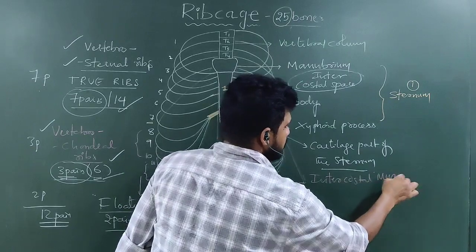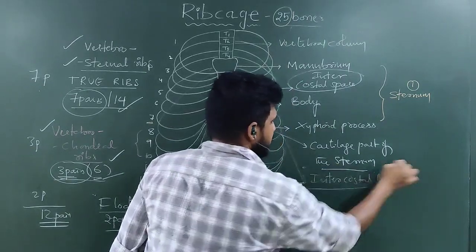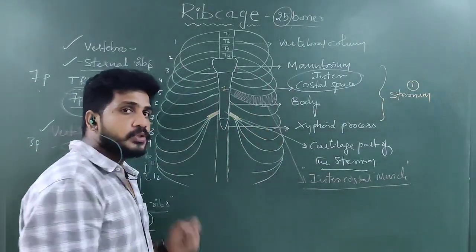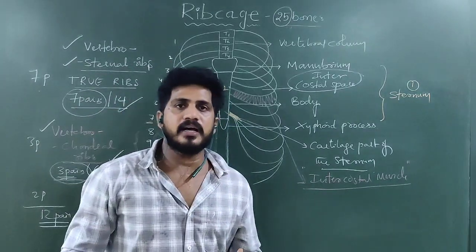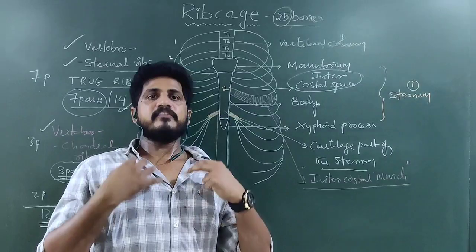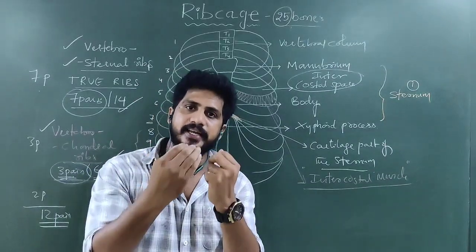Intercostal muscles help in the contractions and relaxations during inhalation and exhalation. During inhalation, the rib cage is increased.